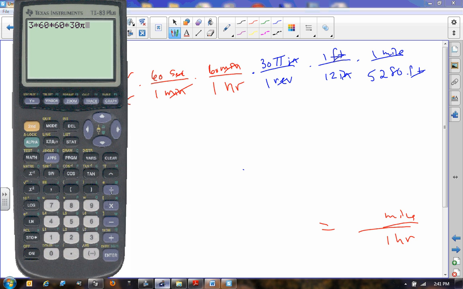Now I'm going to divide by 12. And I'm going to divide by 5,280. So let me find this answer first. And divide that by 5,280. I didn't hit the divide one more time just because I don't want to screw it up.